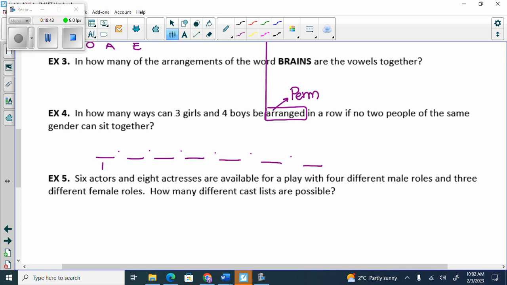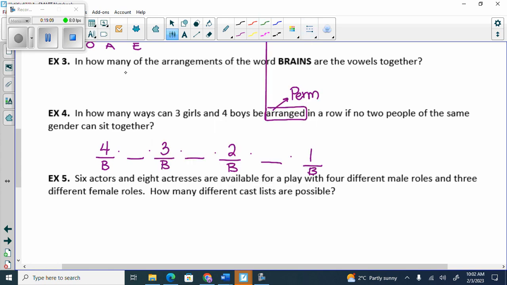So we can go boy, boy, boy, boy. So is it 4, 4, 4, 4? No, we go down by a number, correct? Because we have 4 boys here, but then each one sits down. Then what do I have for this one? 3, sit down. 2, sit down. 1.